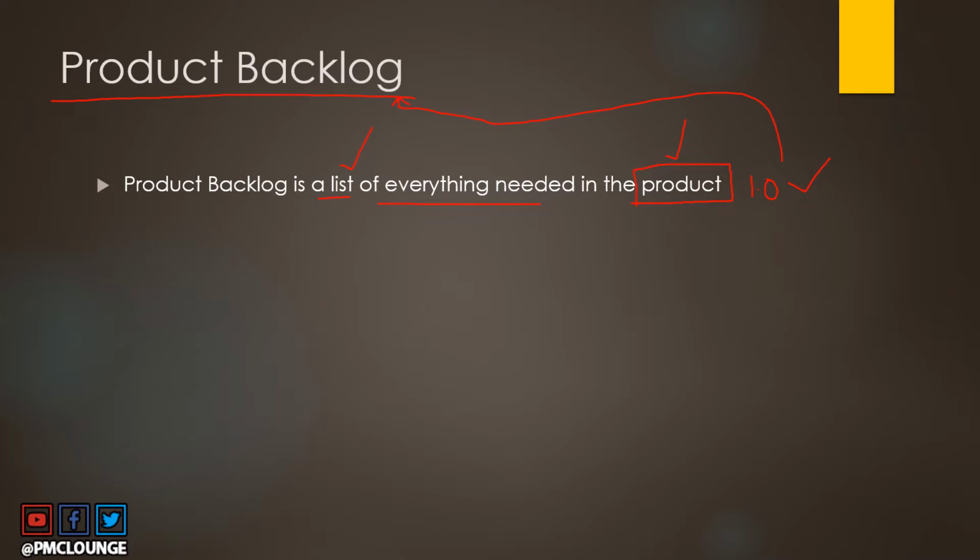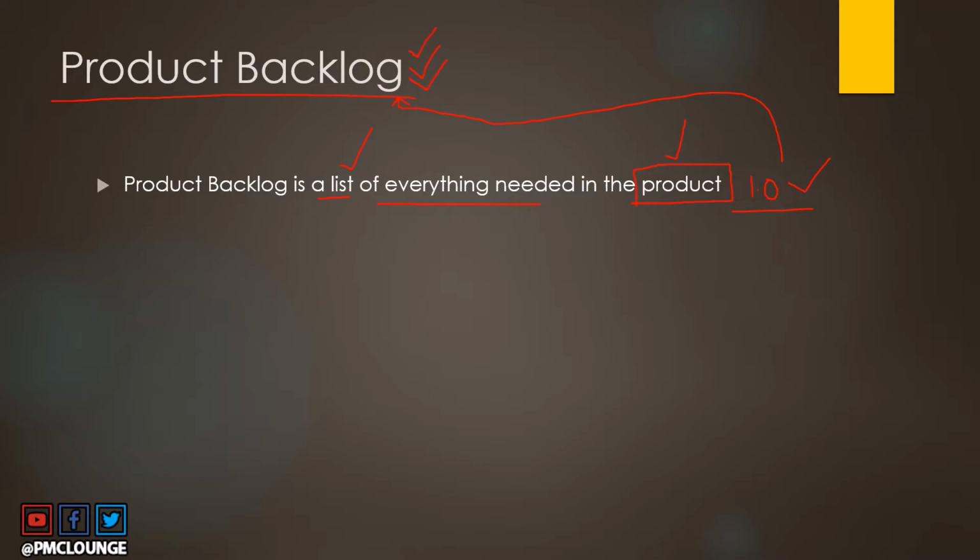When you deliver 1.0, there would be certain features that you were not able to deliver. They are anyways part of the product backlog, but you will also get feedback from your customers. They might request new features. They also get added in the product backlog. At the same time, your product owner might be looking at your competition, and the product owner realizes that there are certain features that the competition has which we don't, so they will also be entered into your product backlog.